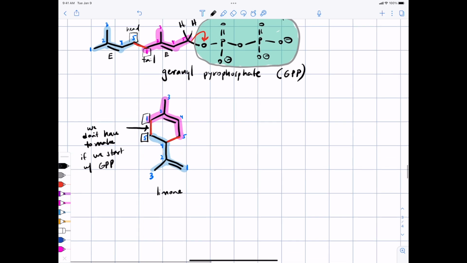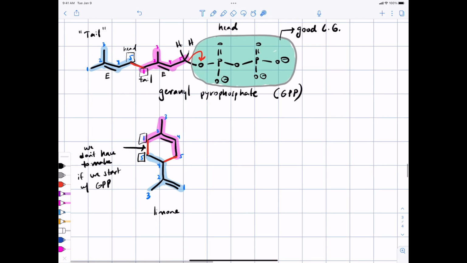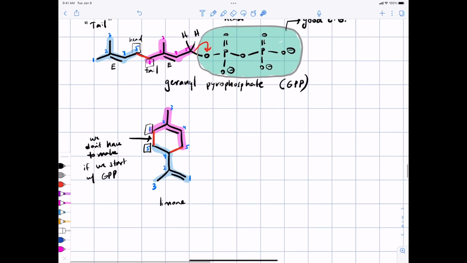Okay, so it looks like I need a bond in this process. I need to make a bond between 4 and 5. The other thing it looks like I'm going to need to do, well, one other important thing is if you notice this double bond between 2 and 4 is no longer E, it's Z. It has to be part of a 6-membered ring.